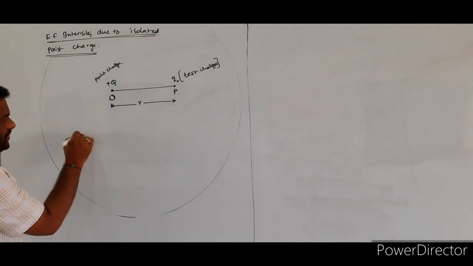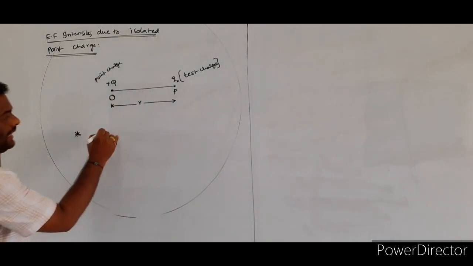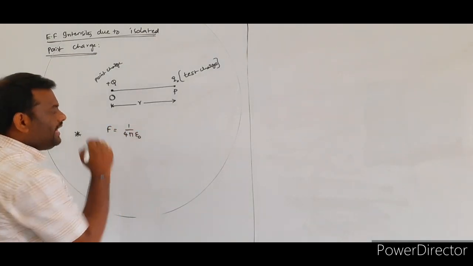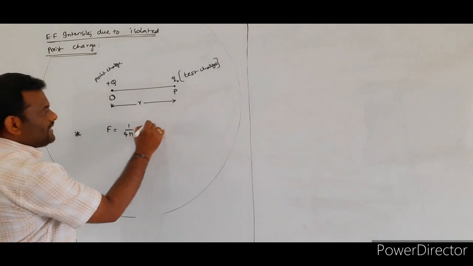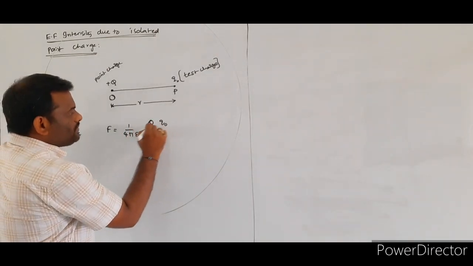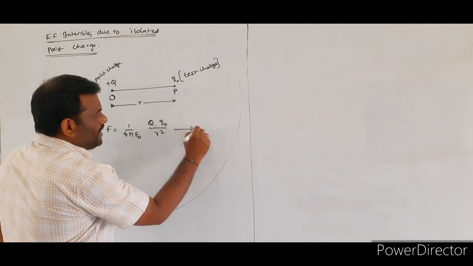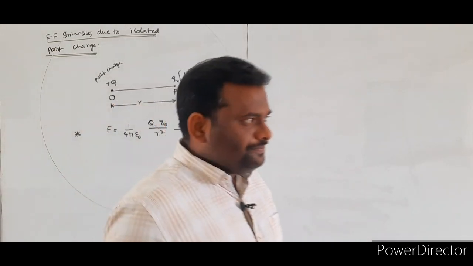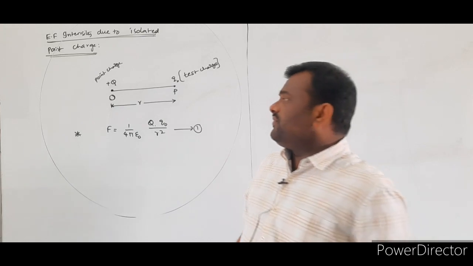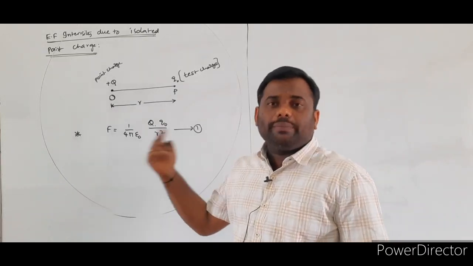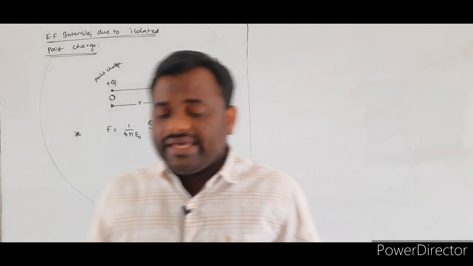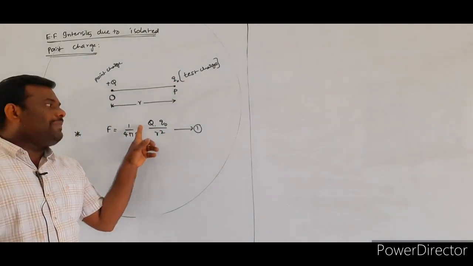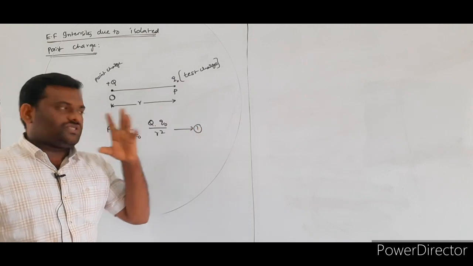So from the definition of Coulomb's inverse square law, the magnitude of force of attraction or repulsion between the two charges is given by F is equal to 1 by 4 pi epsilon naught, capital Q into small q naught by r square.